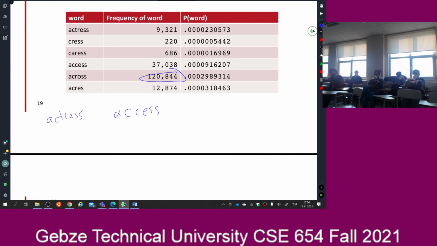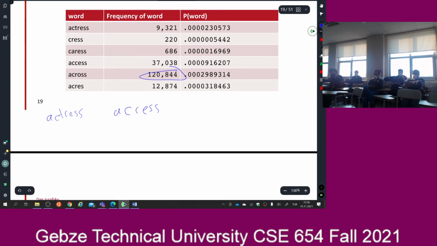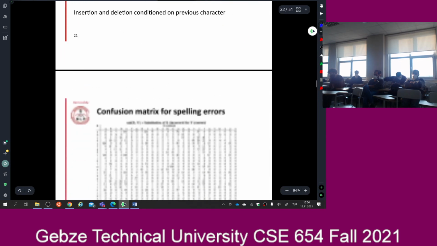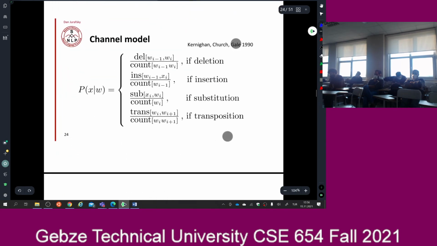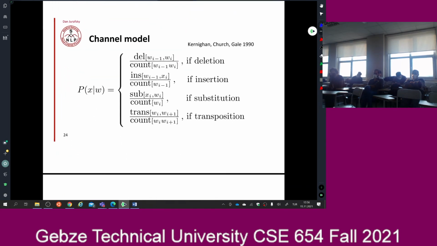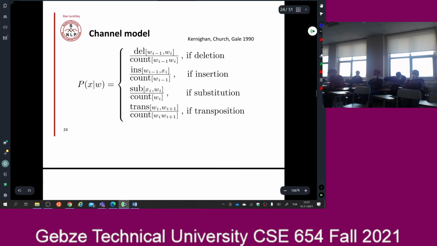If I do transposition with C, if I do deletion with that, I can get the probability of producing such a misspelled word out of the correct word, given this correctly typed word. That's what this is about, and these are my probabilities. Deletion: how many times these two words happen together, and how many times I did this deletion and insertion, counting, and the transposition.